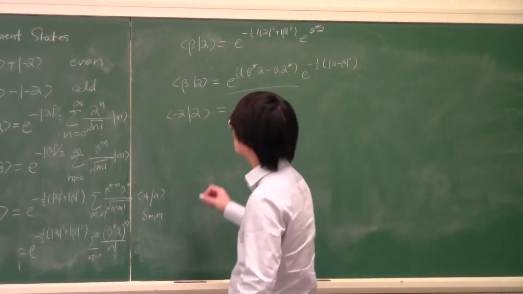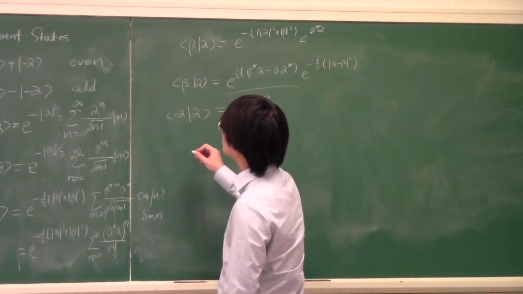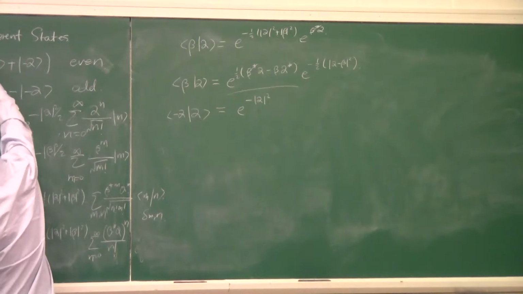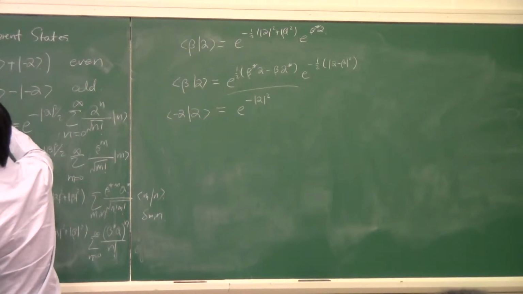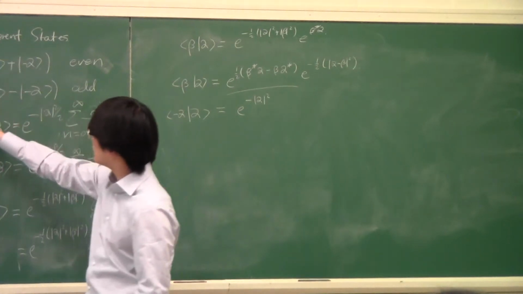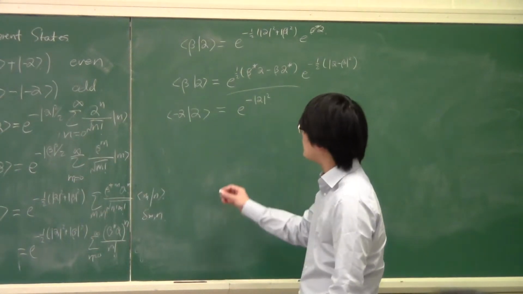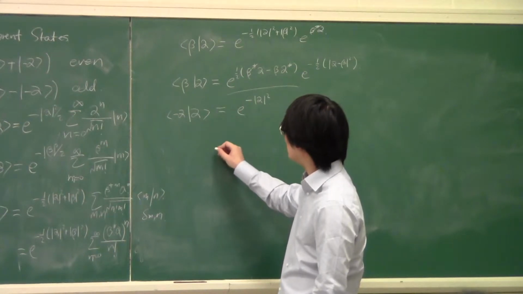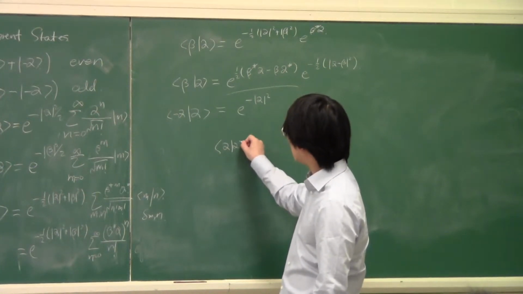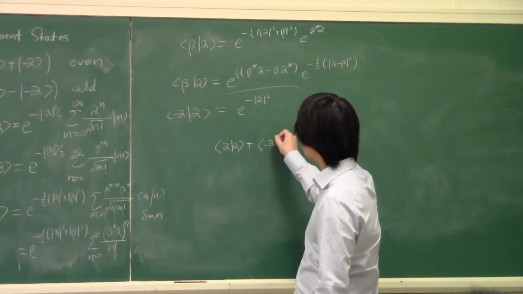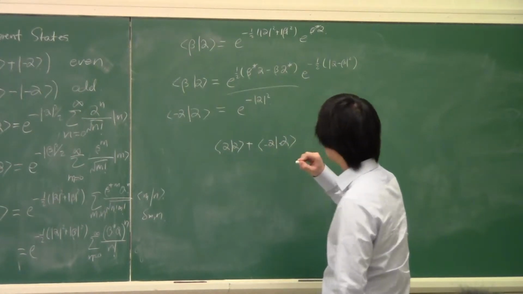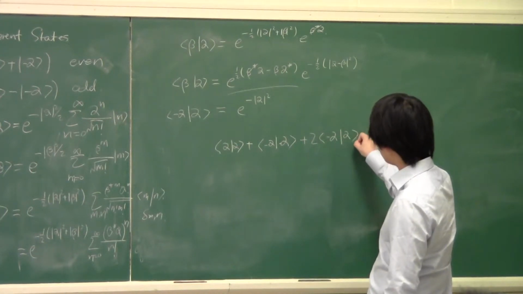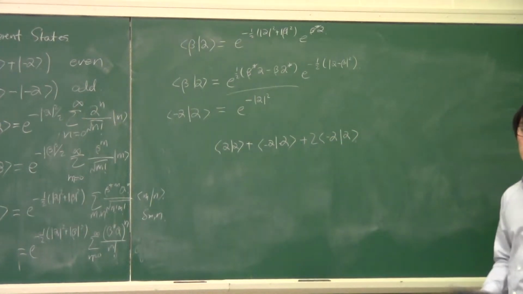So if we think about normalizing the coherent states, let me say that there is a normalization factor here, N_E for even, N_O for odd. We will get something like, let's say for the even state, alpha plus minus alpha, minus alpha, plus 2 times the overlap of alpha and minus alpha, where we're not concerned about the phase.